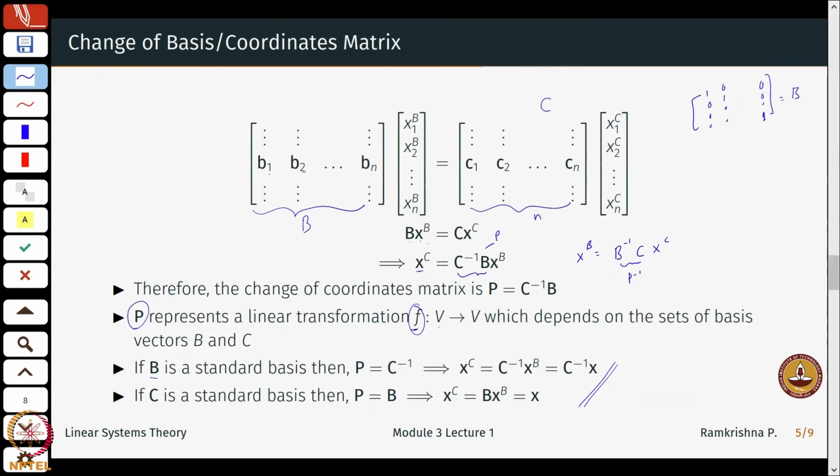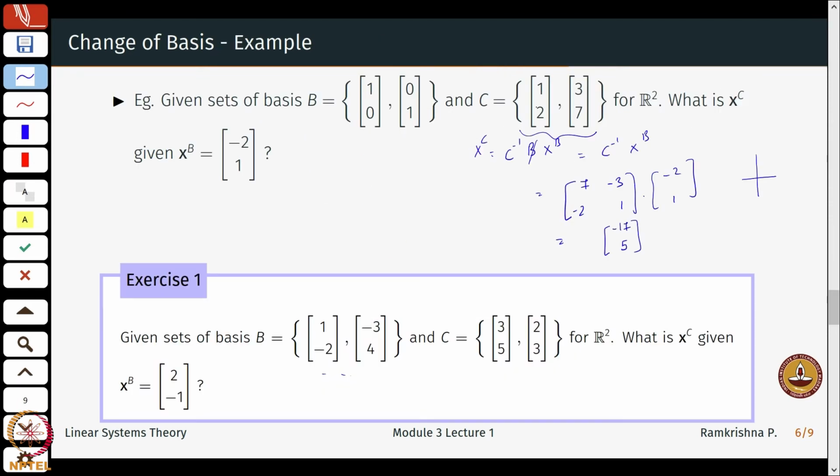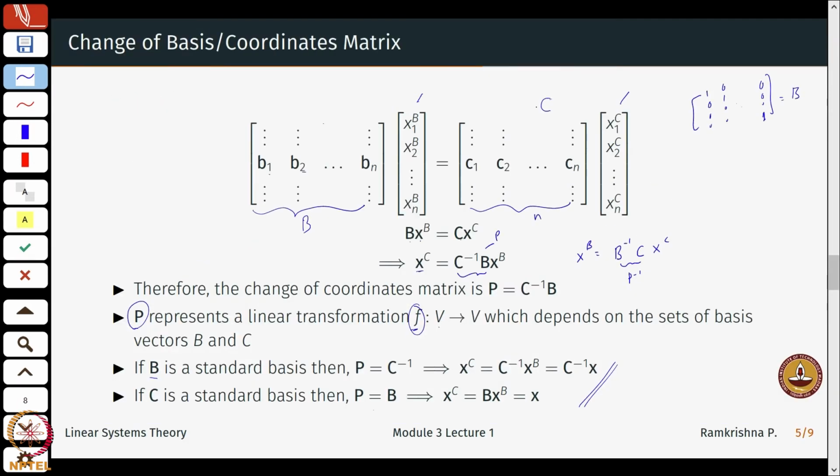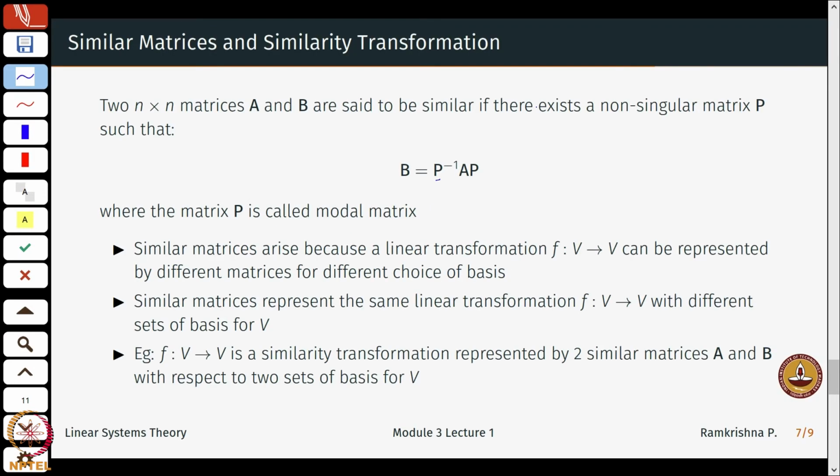For example, if these coordinates had a basis given by the matrix B, this vector had a set of basis vectors represented by this matrix C. So, essentially we are doing a special case of this one. These similar matrices represent the same linear transformation. Whenever I say linear transformation, I am just talking of some matrix A with a different set of basis B.